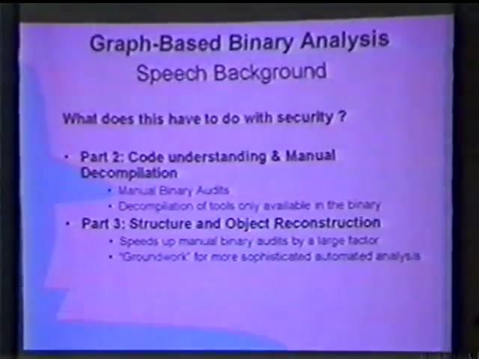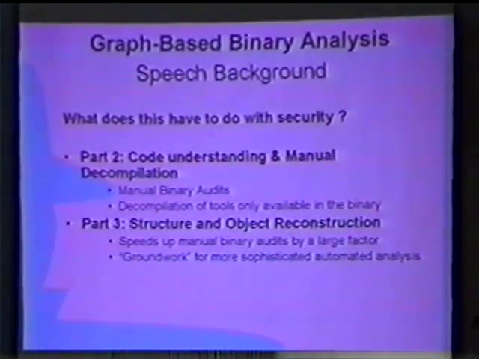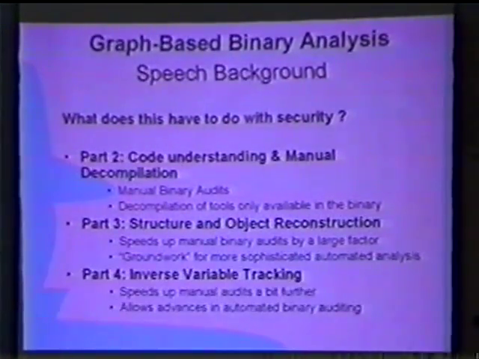Secondly, the pointer control flow graphing can be used for massively more sophisticated automated analysis at some point in time. I don't think I'll speak too much about the more sophisticated things you could do with these graphs. That might be something I'll be covering next year or at DEF CON this year. I don't know, we'll see.